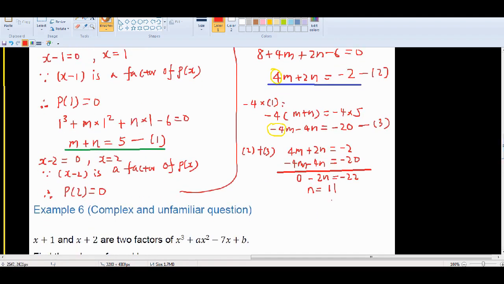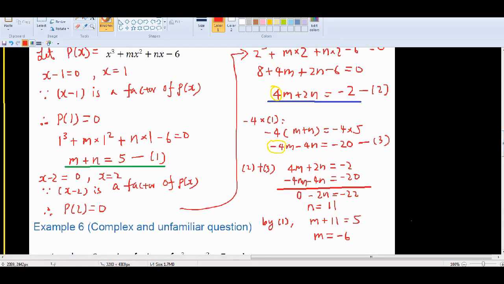If we got n equals 11, then we put that n equals 11 back into our equation 1. So back to 1 again, you will have m plus 11 equals 5. So m will be minus 6.